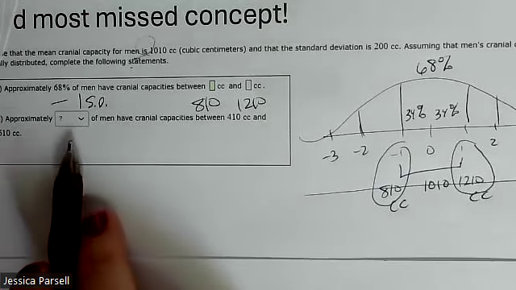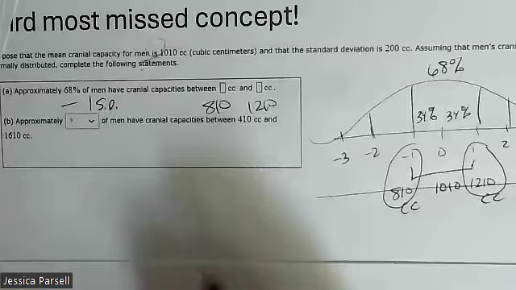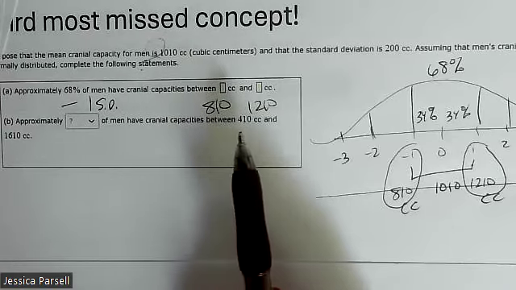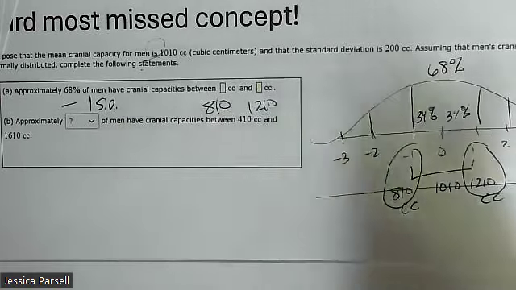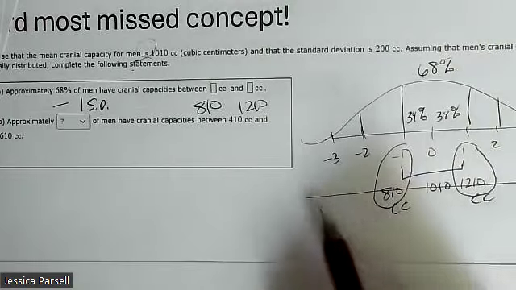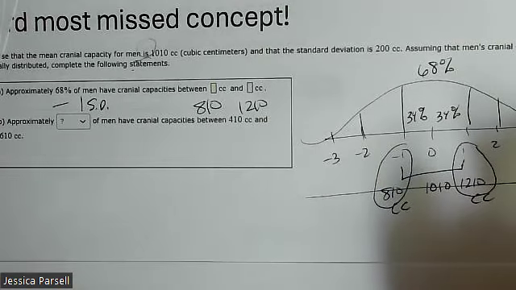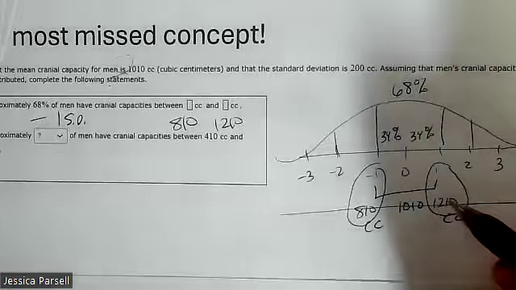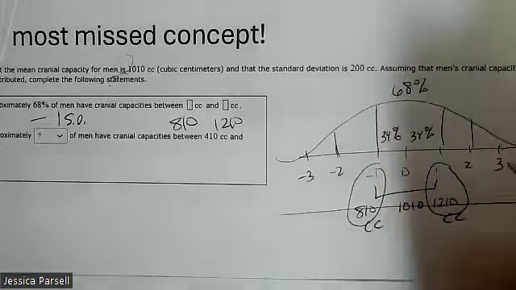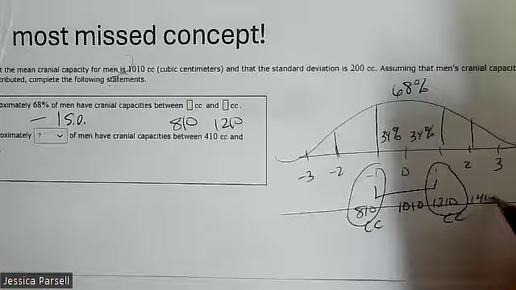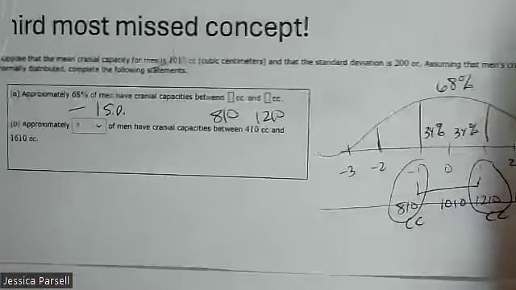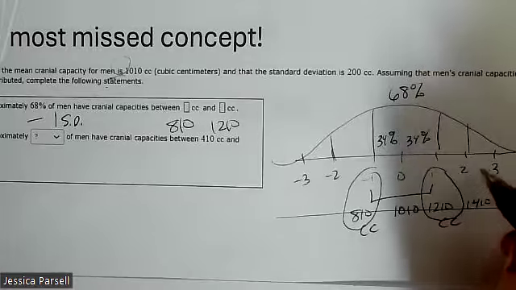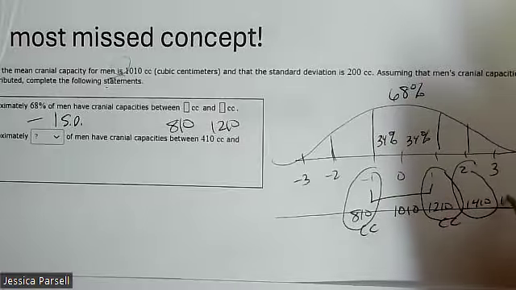Okay, approximately blank, so this is going to be a pull down, of men have cranial capacities between 410 and 1610. All right, so that's going to be somewhere down here and somewhere above here. So let's keep adding. So 1210 plus 200 would be what? 1410. And if we add another 200, that'd be 1610.